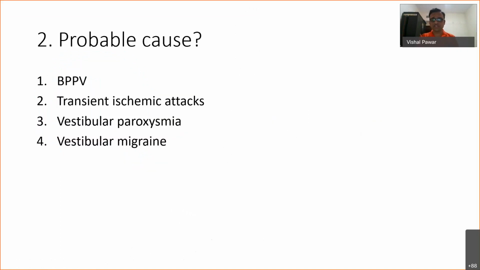So I think the probable cause here is mostly transient ischemic attacks, because the patient has vascular risk factors and is having oscillopsia and imbalance.